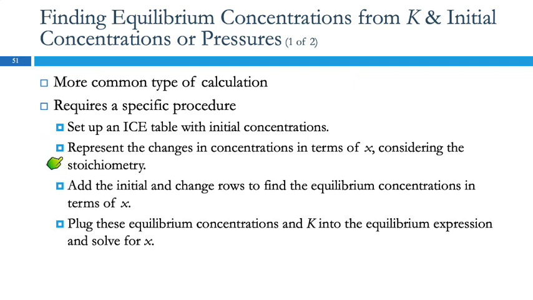We're going to represent changes in concentration in terms of X, and we'll take the stoichiometry into account. And then we'll add the initial and the change rows, the I and the C rows, to get the E row, the equilibrium. And then we'll plug those expressions into the equilibrium constant expression and solve for X.